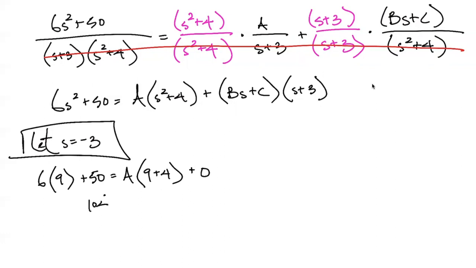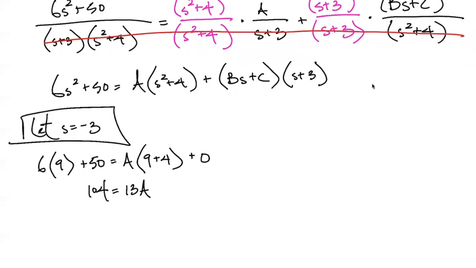So we get 104 equals 9 plus 4 is 13a. And I think this actually divides out nicely to give us a equals 8. All right, but if I could get a confirmation on that, I don't always trust my arithmetic these days. All right, thank you.